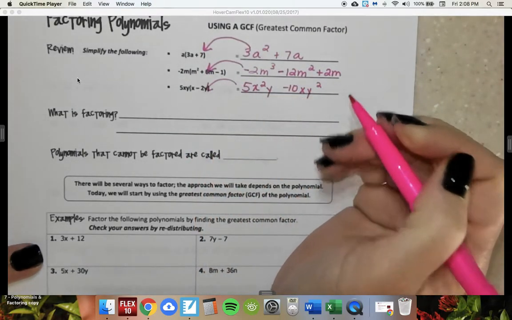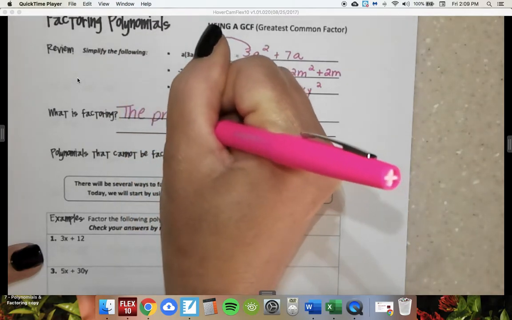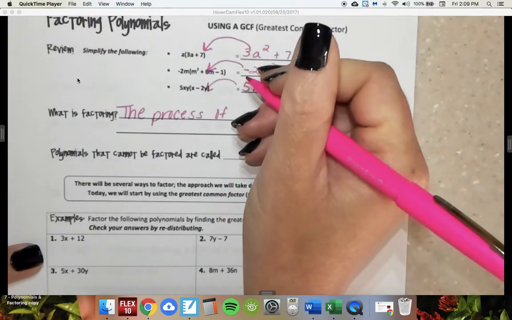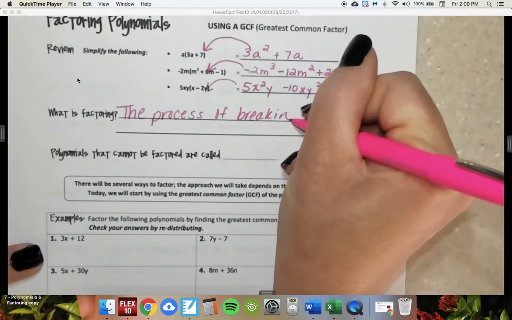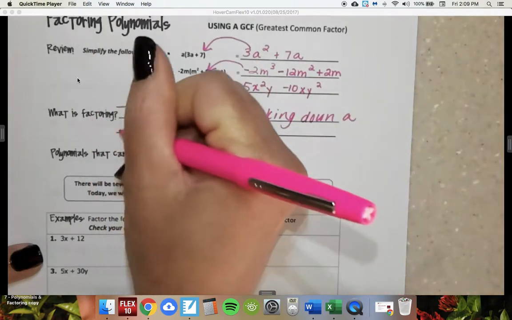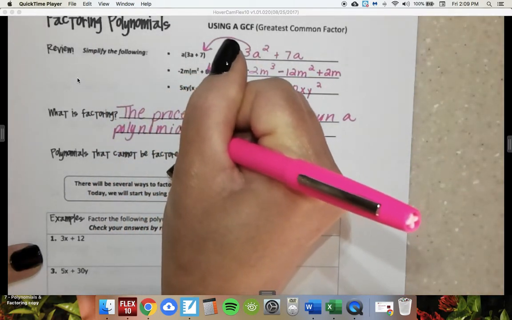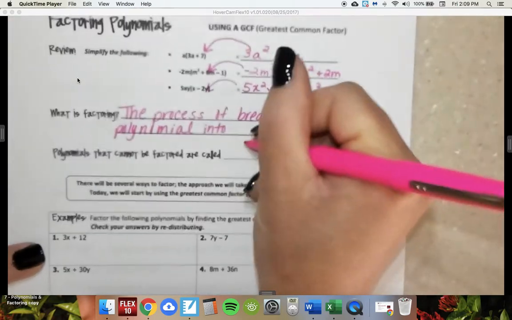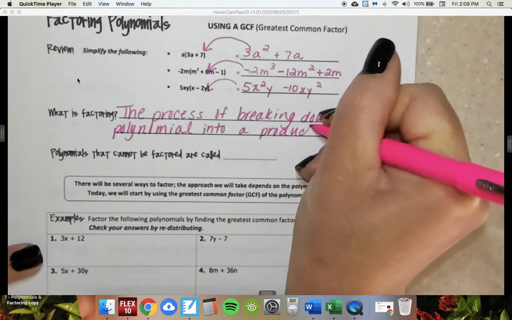So what is factoring? The process of, I'm going to say, breaking down a polynomial into a product.